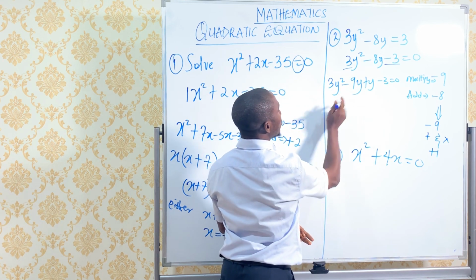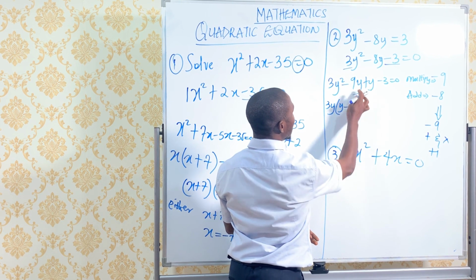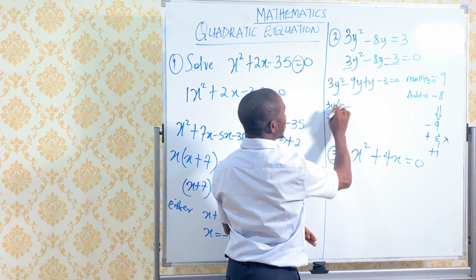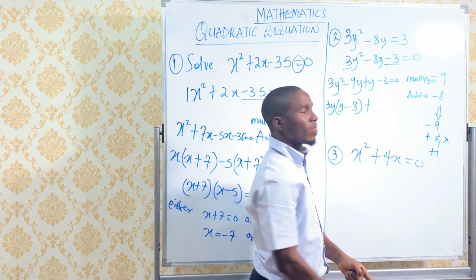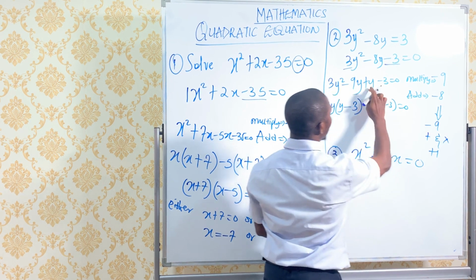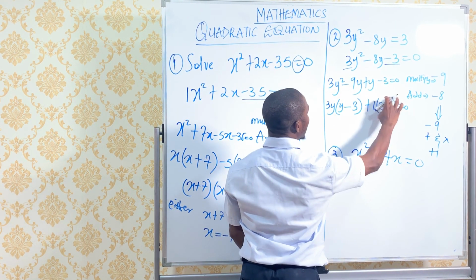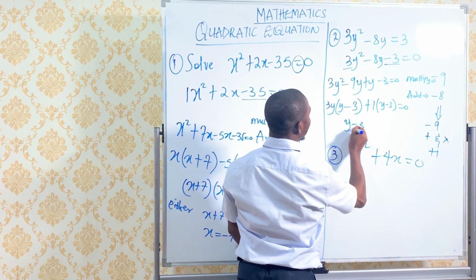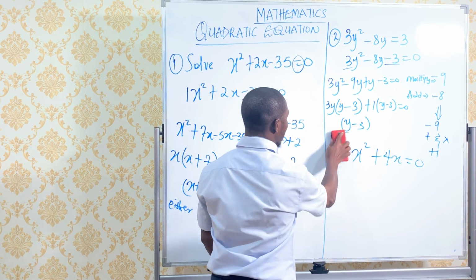Between this and this, 3y is common. So you are left with y minus 3, since 3 is out of 9. Plus, here nothing is common, so we put 1 outside and we have y minus 3 equals 0. So since y minus 3 is common to both, we pick it.